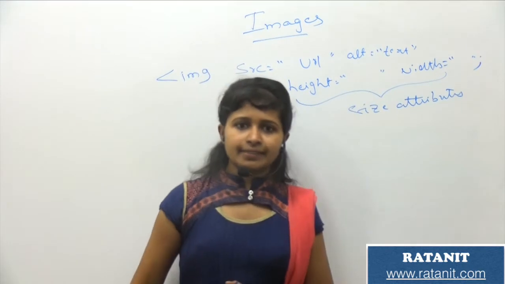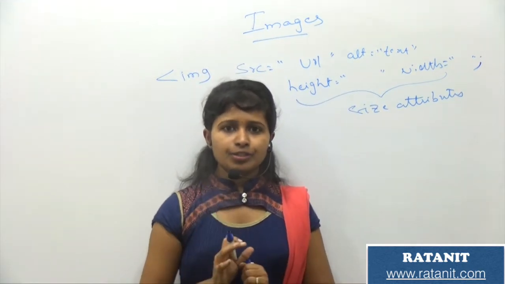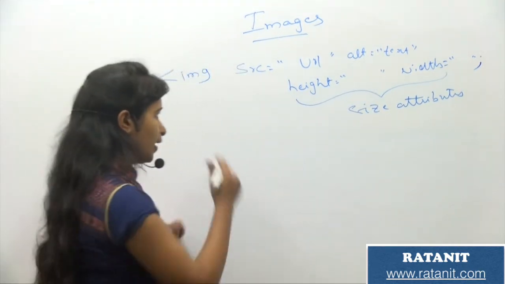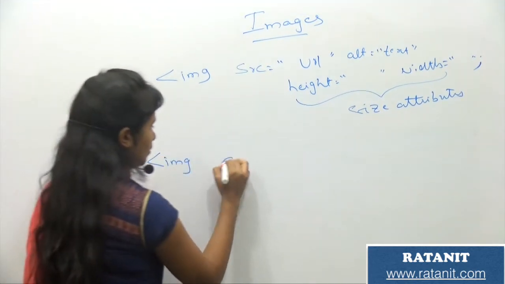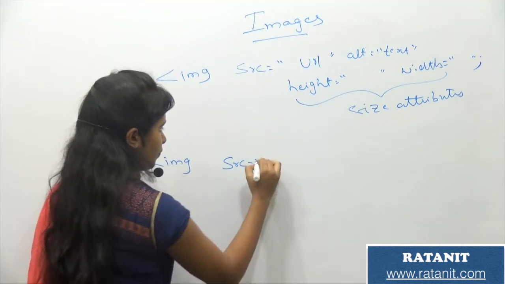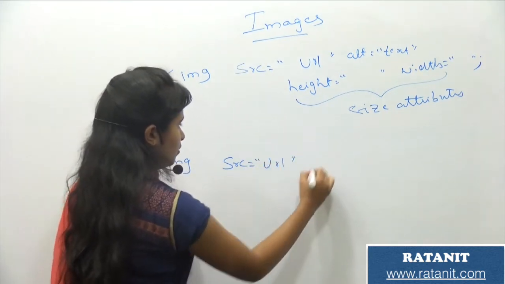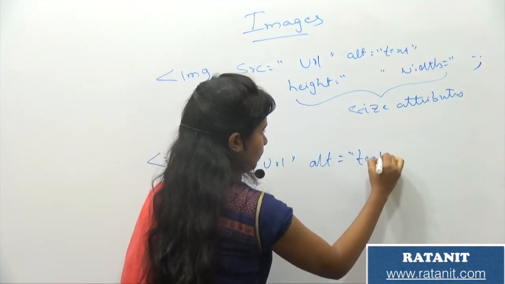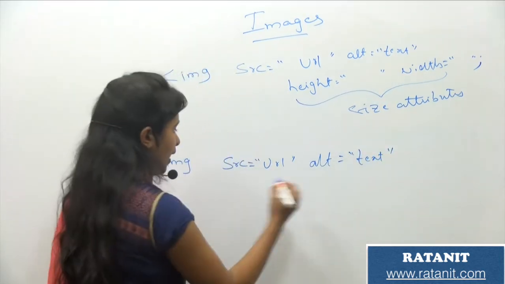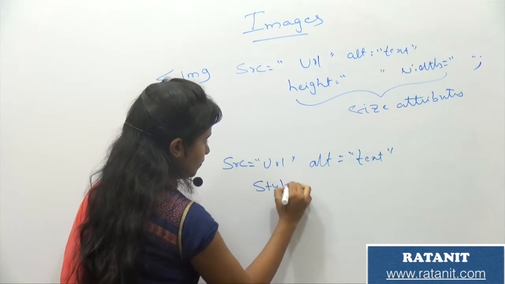These two are the size attributes. The same image I am writing in some other way. Just have a look over here. My img and source; here we can add any URL. My alt will be some text. And now I am adding my style.